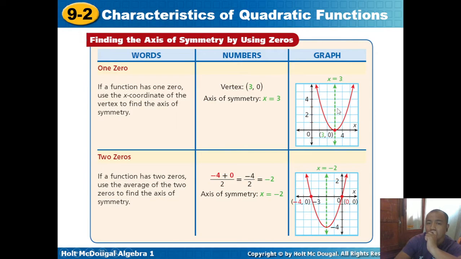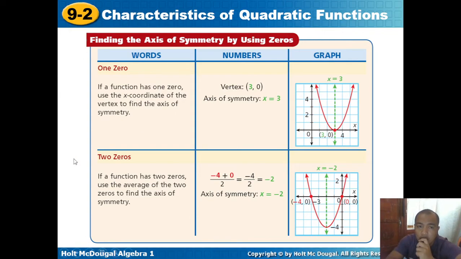That means x is equal to h, because the vertex is (h, k). So h is 3, k is 0. So x equals h. Whatever the x-coordinate of the vertex, or whatever the value of h is, that will be the axis of symmetry equated to x.